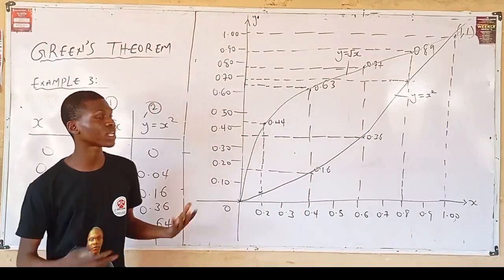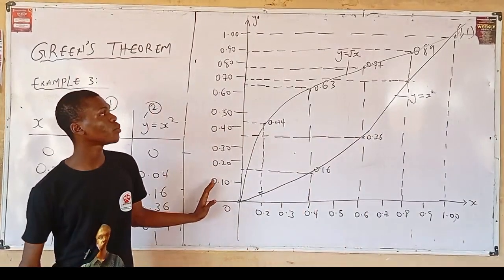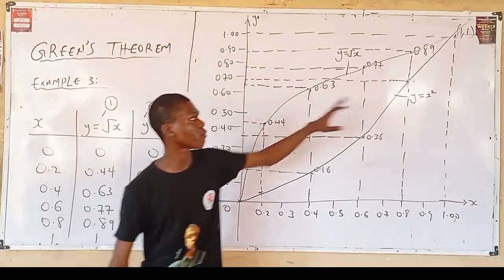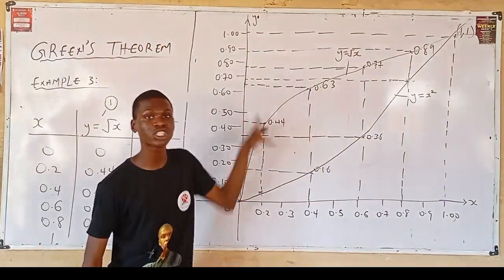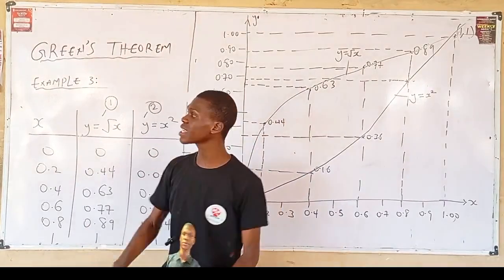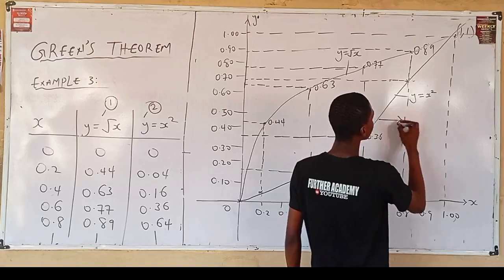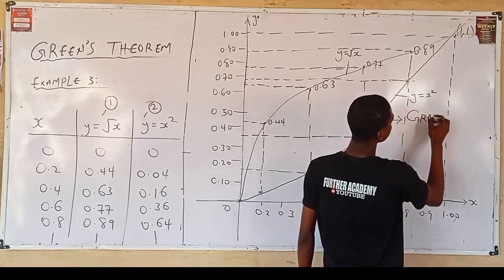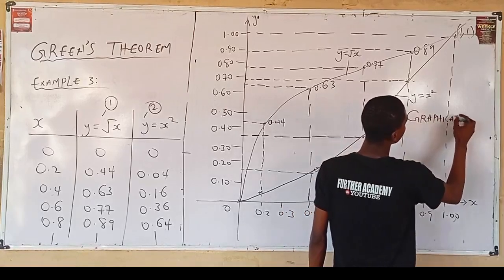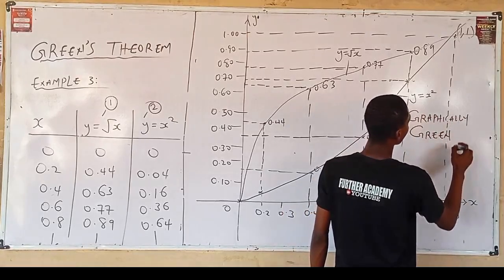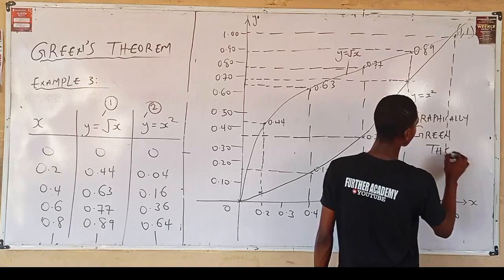And how it works for line integral is that it's the orientation, the movement of your curve on your graph. This is Green's theorem graphically. You've represented that given curve graphically, meaning Green's theorem.